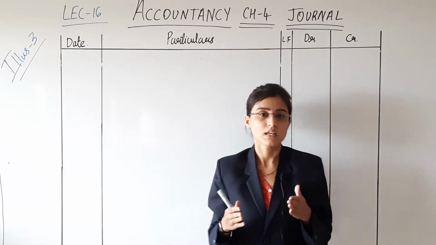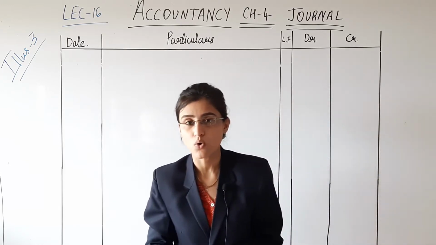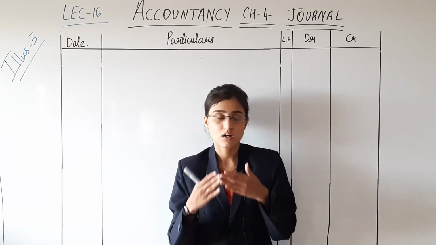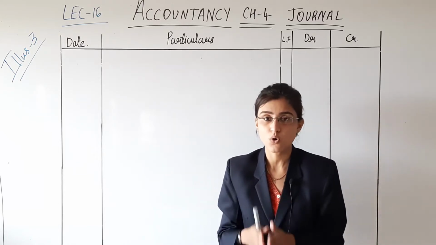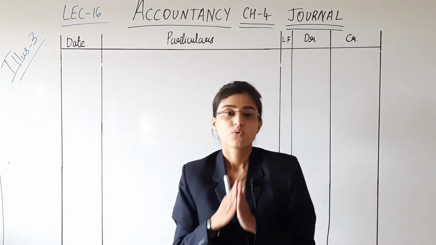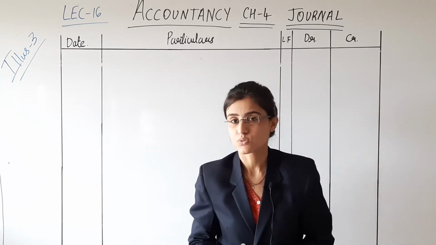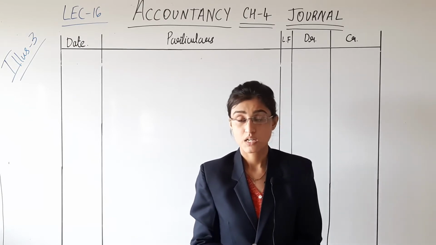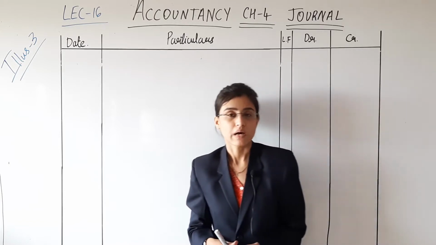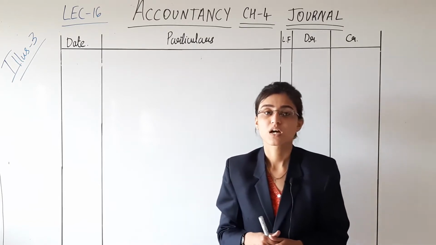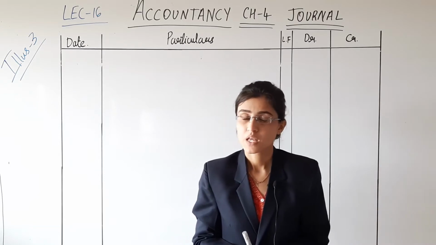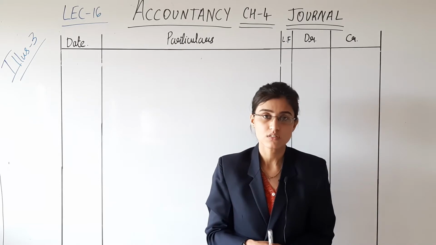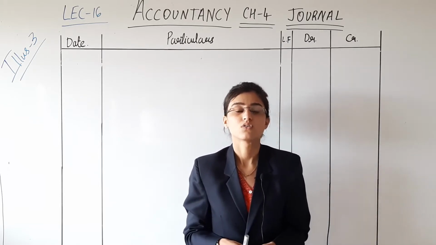And any amount that is withdrawn by the owner from the business for his personal use, which results in the reduction of capital, I repeat, reduction of capital, is termed as drawings. Alright. So, illustration 3 consists of the transactions of capital and drawings.